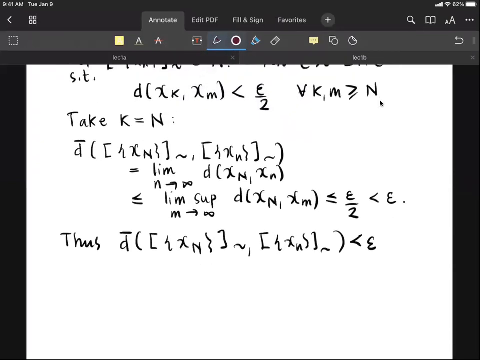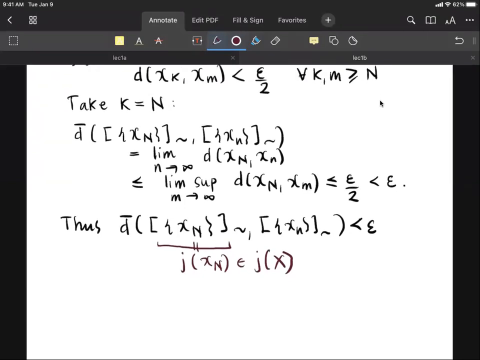The important thing here is that this one is equal to, by definition, J of x sub capital N. And this is, of course, obviously an element of the image set J of X.